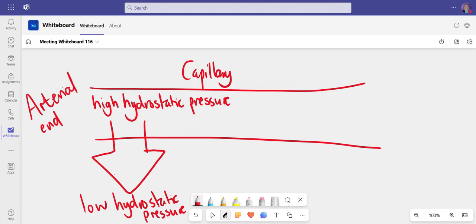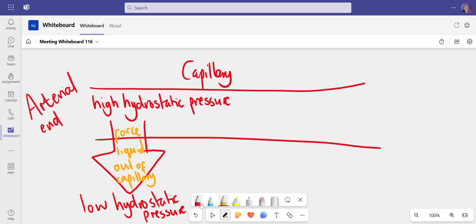Therefore that pressure gradient goes from high pressure to low pressure, and that's going to force the liquid, the plasma from the blood, out of the capillary. And remember, as soon as it's out, it's called tissue fluid. So that's what causes the tissue fluid to come out.